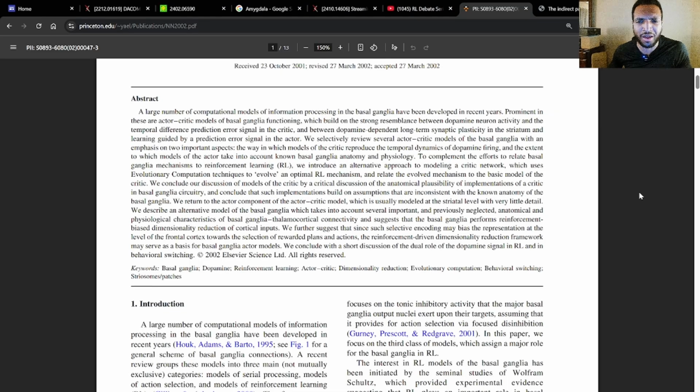We selectively review several actor-critic models of the basal ganglia with an emphasis on two important aspects: the way in which models of the critic reproduce the temporal dynamics of dopamine firing, and the extent to which models of the actor take into account known basal ganglia anatomy and physiology, right?